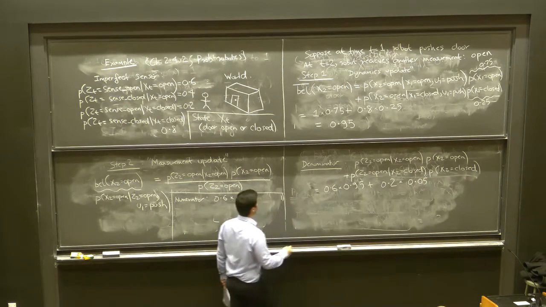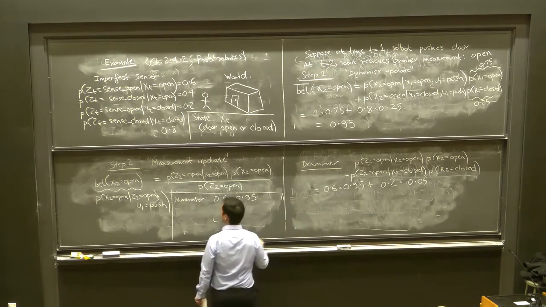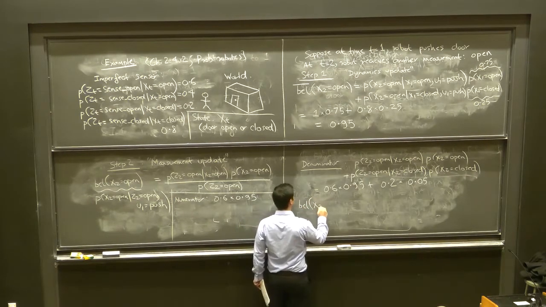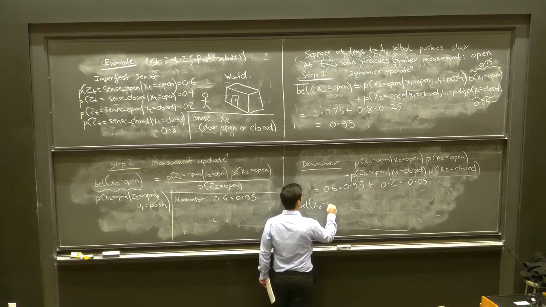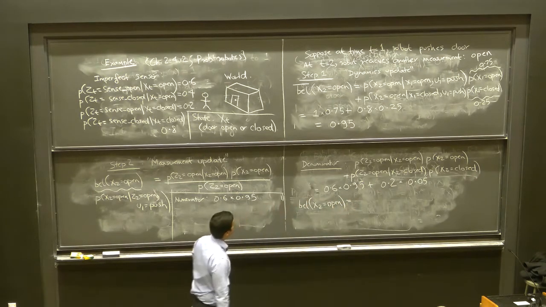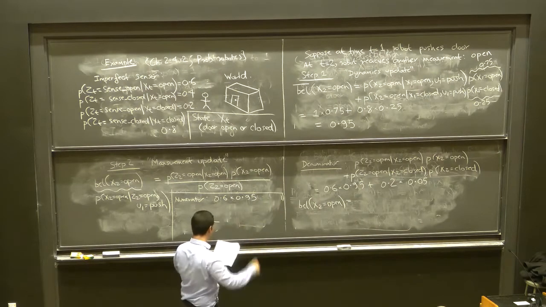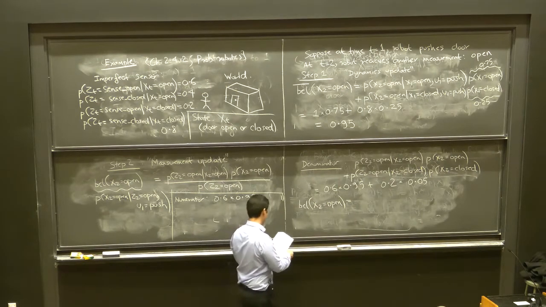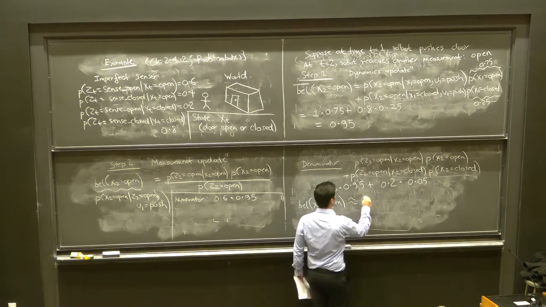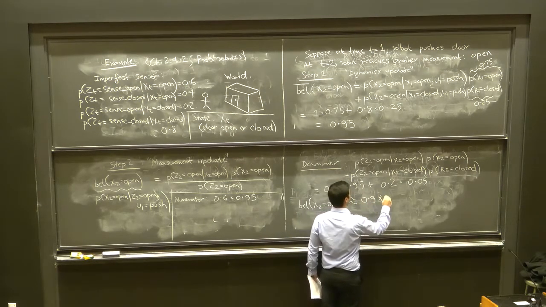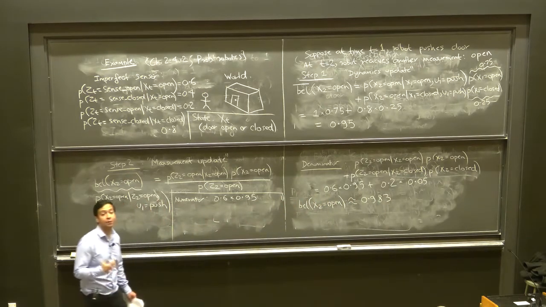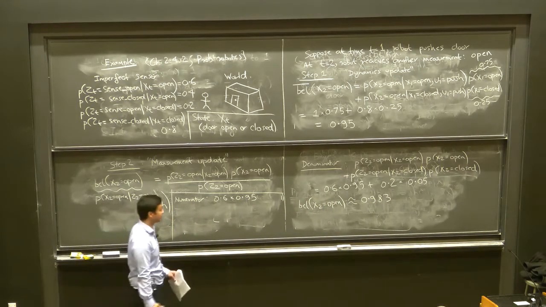All right, so if you just take this ratio, the new belief at the second time step that the door is open is about 0.983. So the robot is now very confident that the door is open.